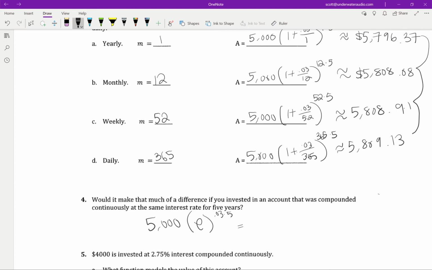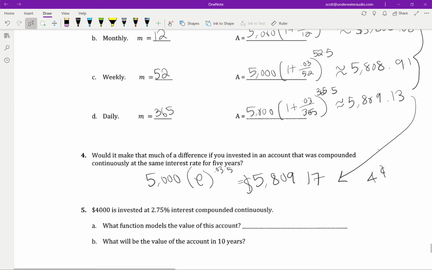Okay. 5,809.17. Okay, so yeah, that actually went up roughly 4 cents. A 4-cent difference. So it turns out it doesn't make that much of a difference between these two.